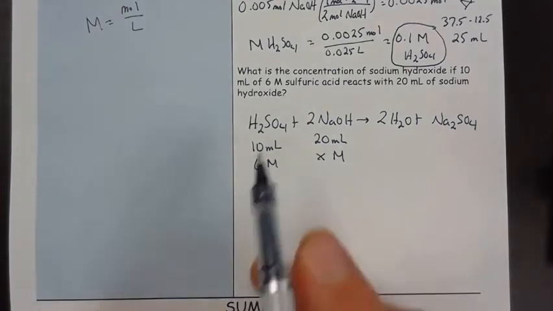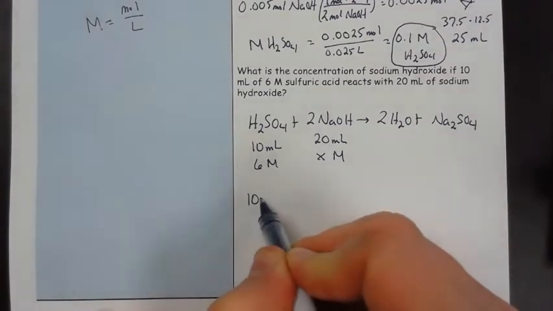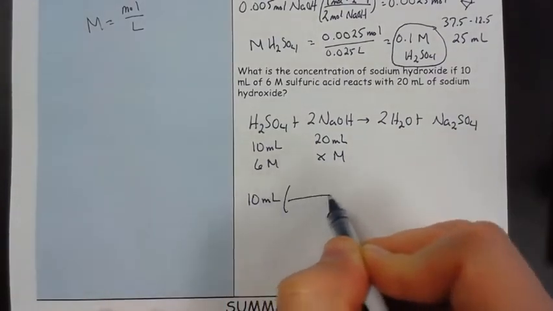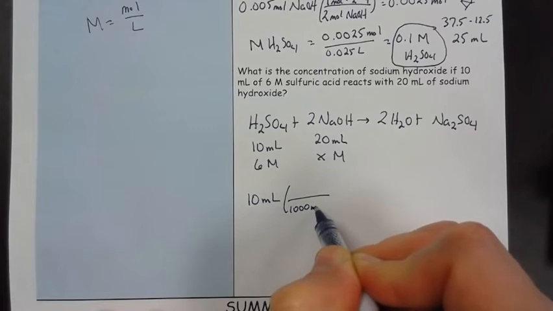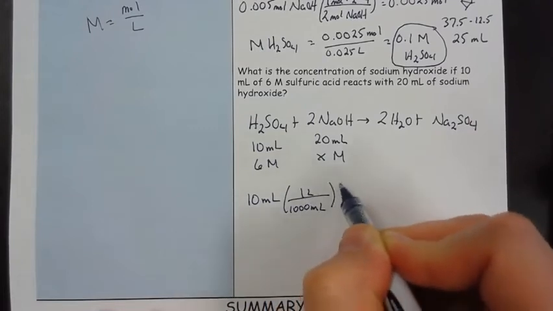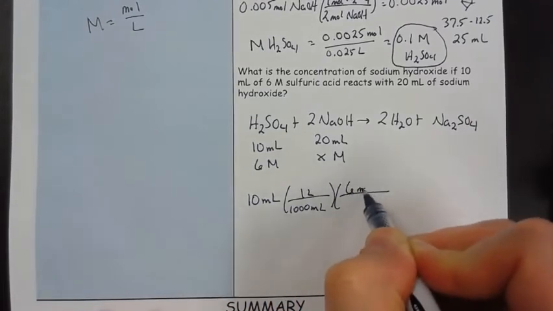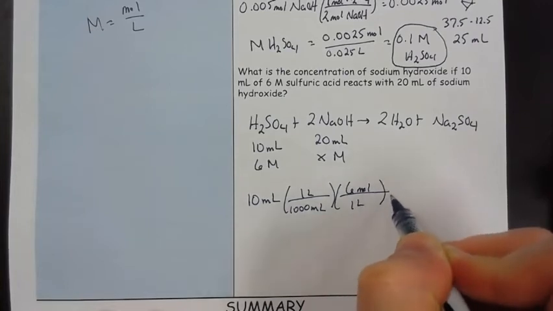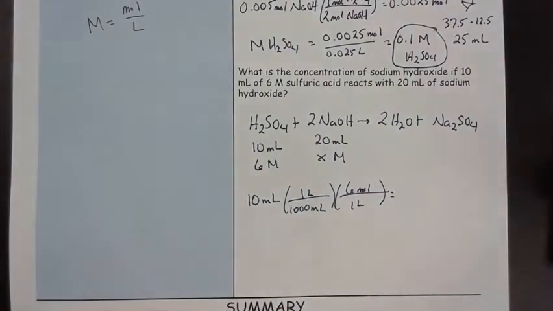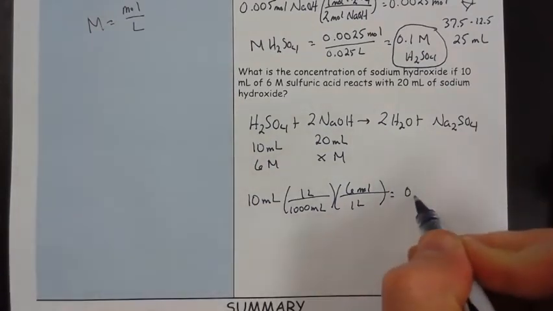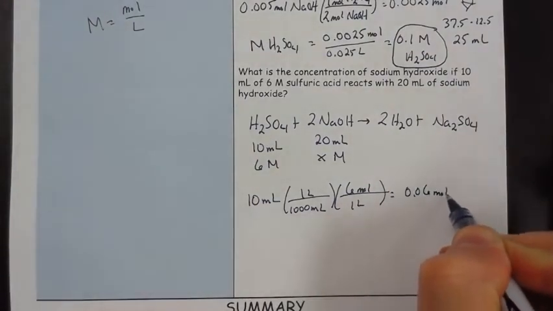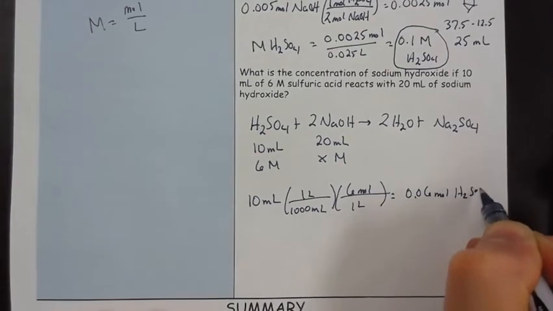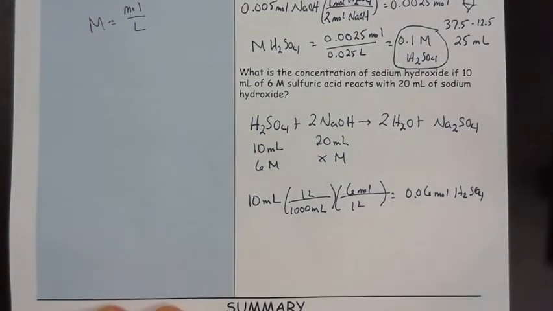But let's try this out. Okay, so if we've got 10 milliliters of our acid, we're going to convert that into liters and then use that molarity at 6 moles for every 1 liter. 10 divided by 1,000 times 6 is 0.06 moles of H2SO4.